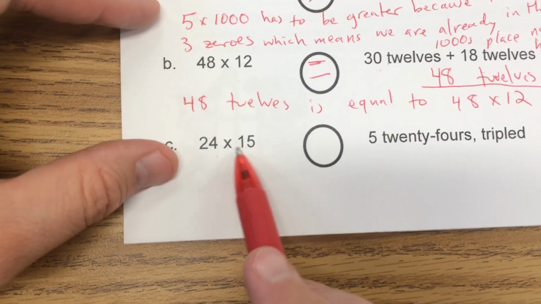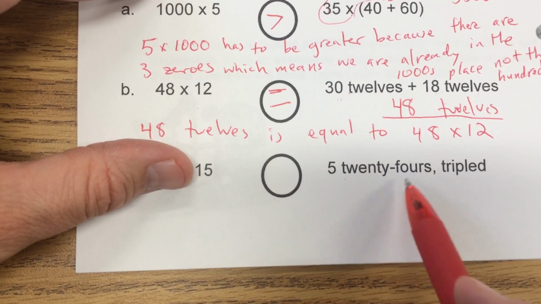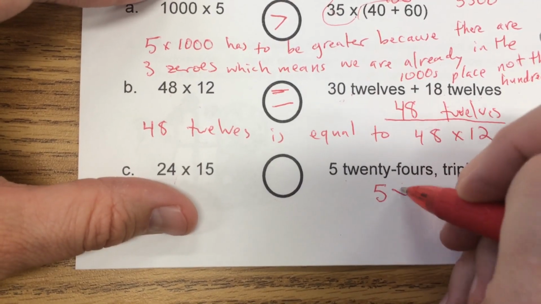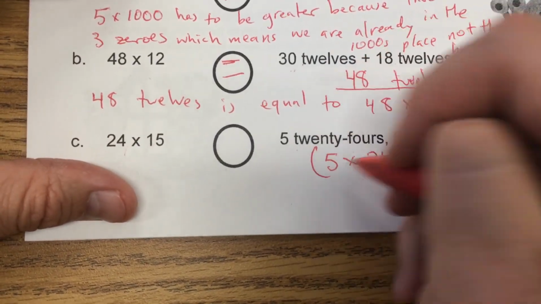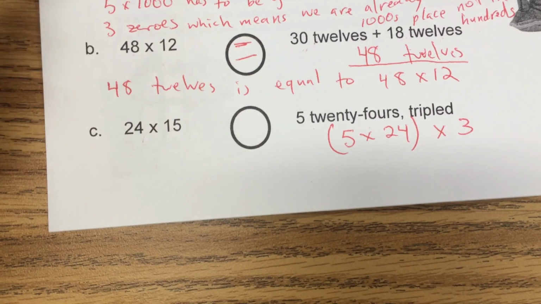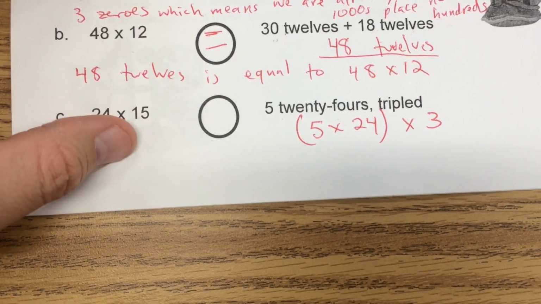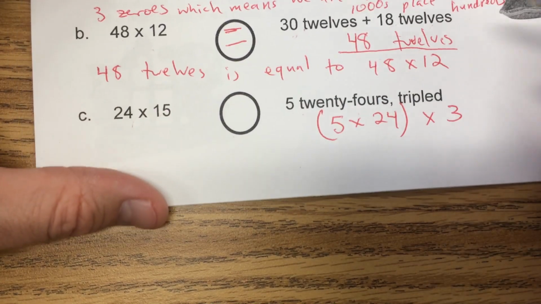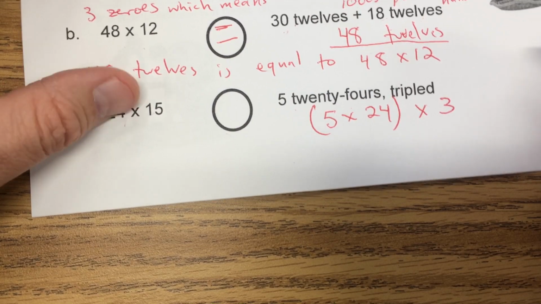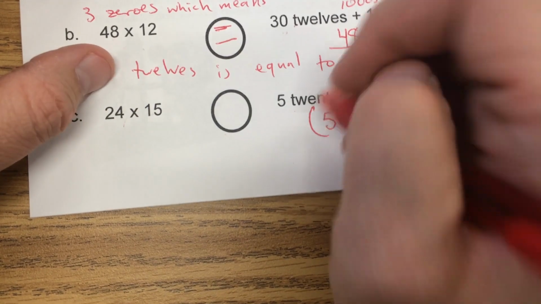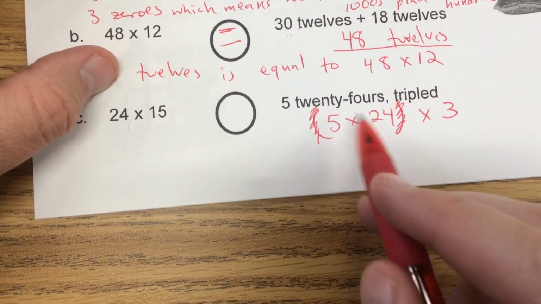Let's look at the next one. 24 times 15. Again, we don't have to figure it out. 5 24s. So here we have 5 times 24. There's 5 of them. But that's going to be tripled, times 3. Well, let's see. 5 24s times 3. 5 times 3.